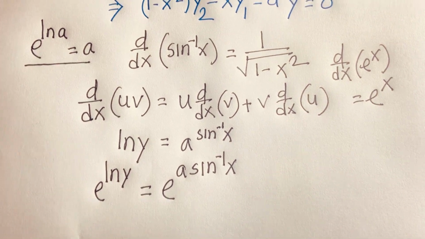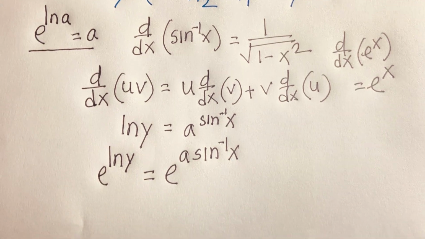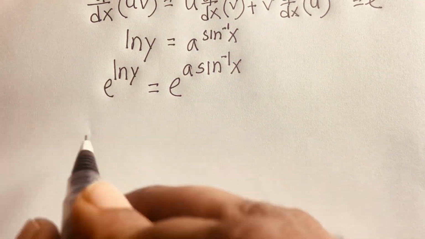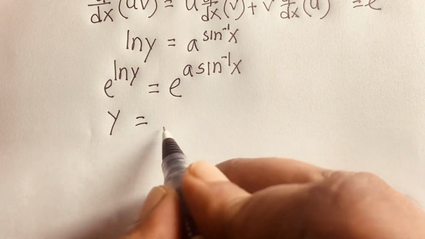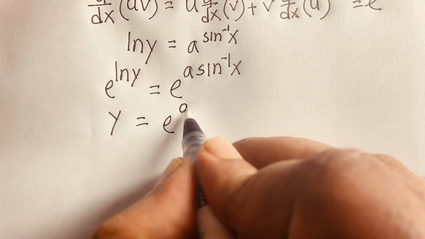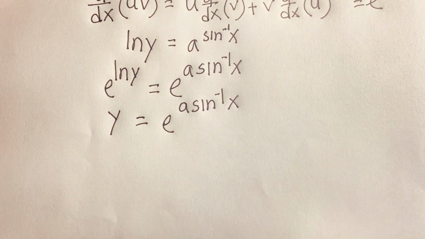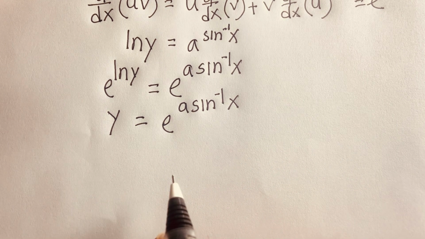Then we know that e to the power ln a is equal to a. So according to this, e to the power ln y is equal to y, so y is equal to e to the power a sin inverse x. Then at this moment, I take the derivative of both sides.